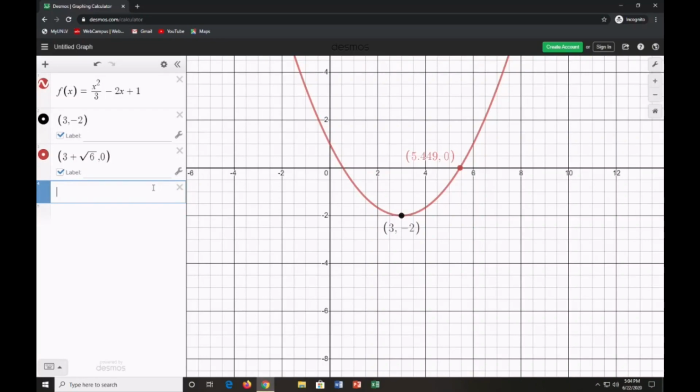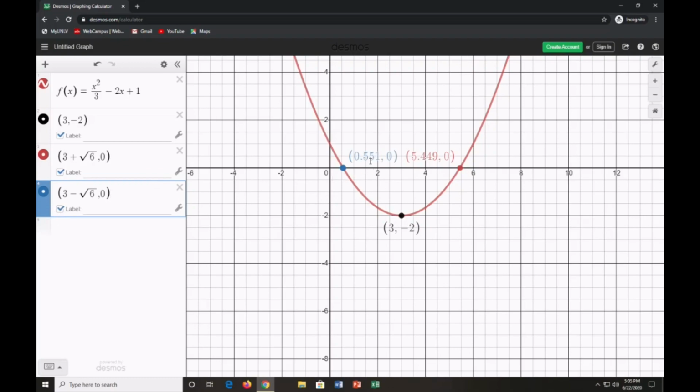But, well, no. It's actually a little bit less. So I might have rounded my number too much, but this was 3 minus square root of 6, the other x-intercept, comma 0, right there. So let's label it.